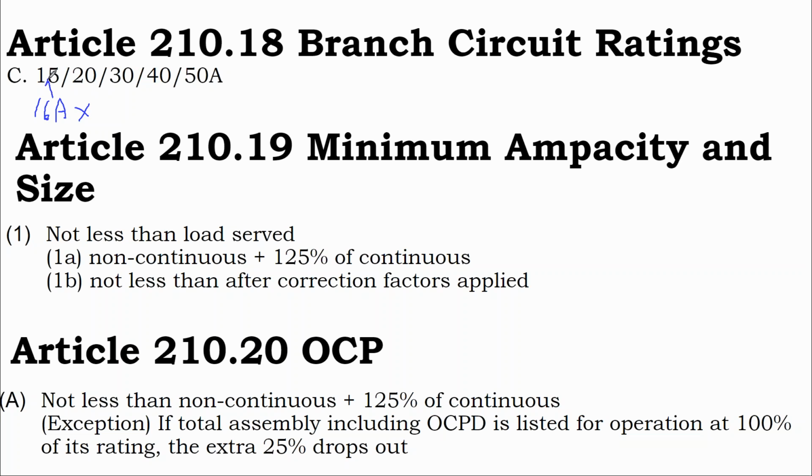If I put it on a 15 amp breaker, that won't work. The breaker will trip. So the question is, how much do you upsize a breaker? And you're upsizing because you can't get precisely a 16 amp breaker.